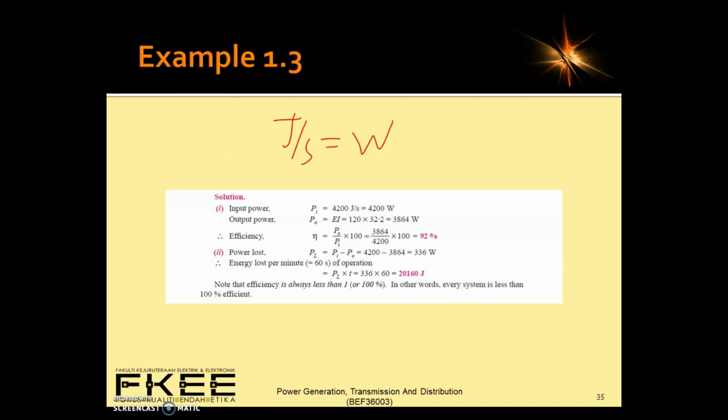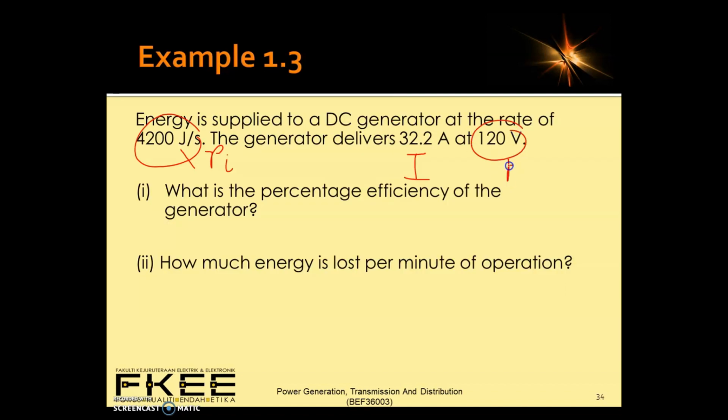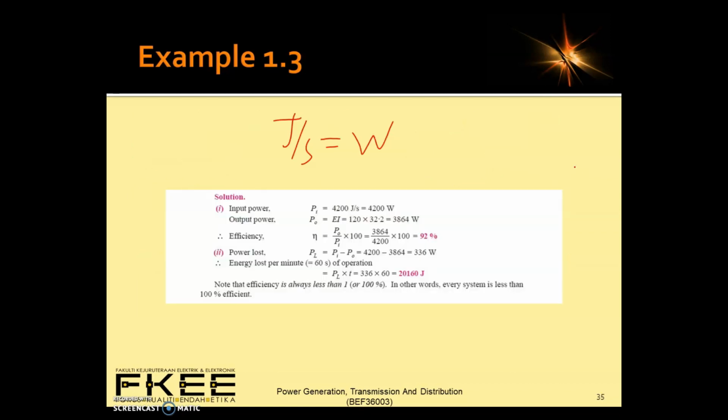So input power is I times V, P equals IV, or EI. So 120 we multiply with the current 32.2 amps. So you get 3,864 watts.